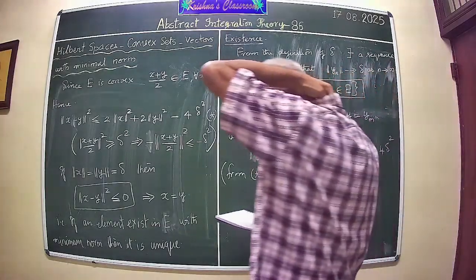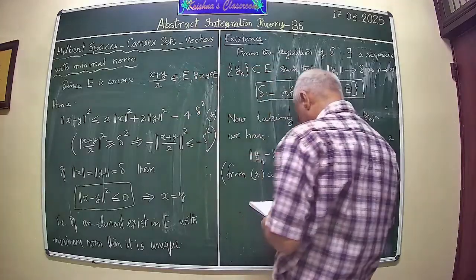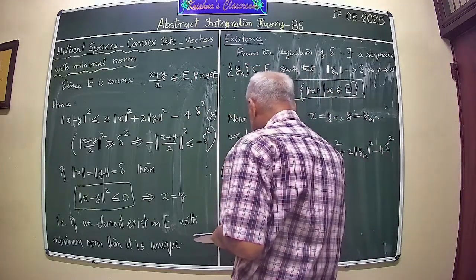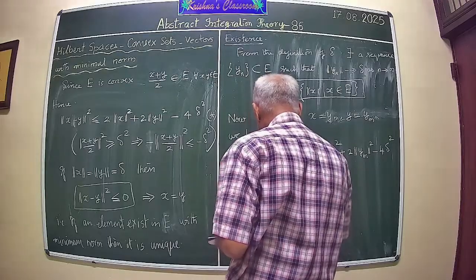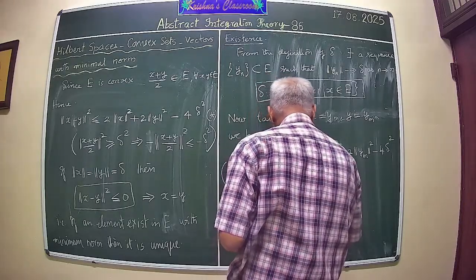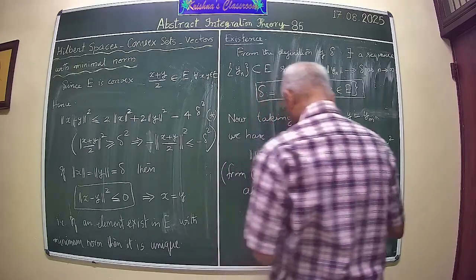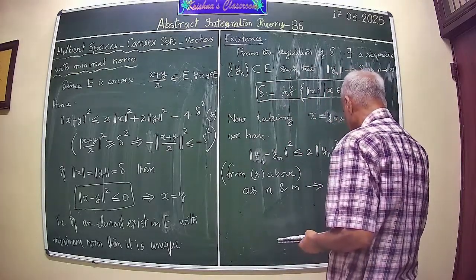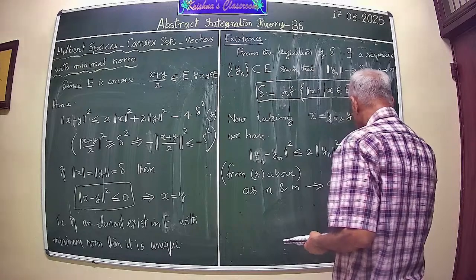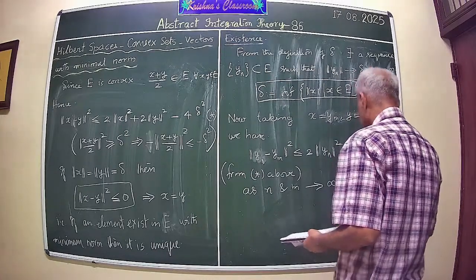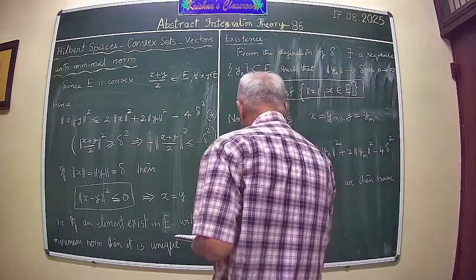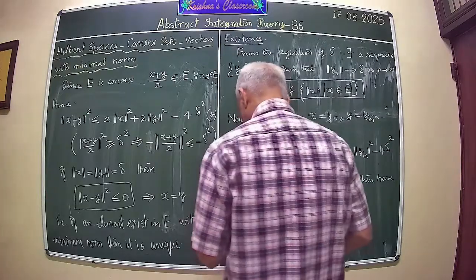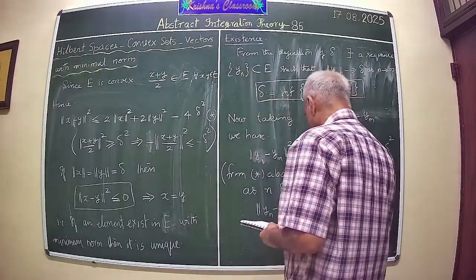Now what one does, as n and m tend to infinity, we then have norm of yn minus ym going to 0.